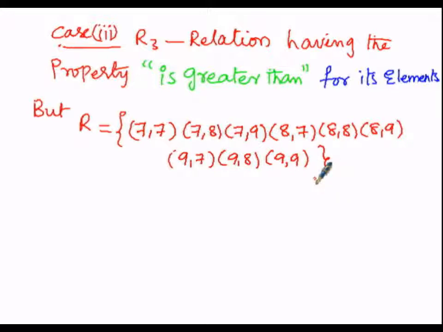But here, in order to write the condition of R3, the property is x greater than y. So based upon this condition, we have to write the elements of R3.